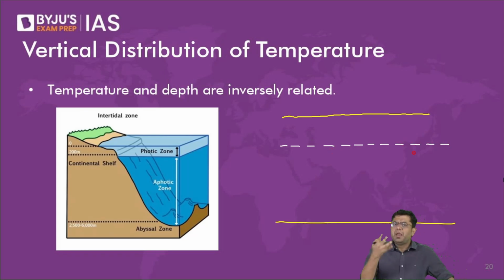Let's suppose we consider the ocean, and let's suppose this is the ocean depth. Let's assume this is the maximum stretch where sunlight is able to penetrate, maybe 1 kilometer from the surface.